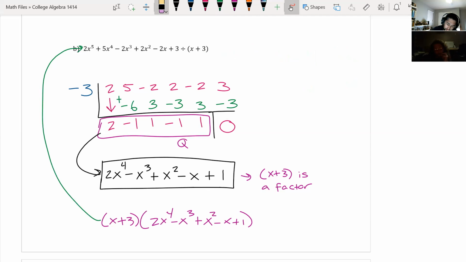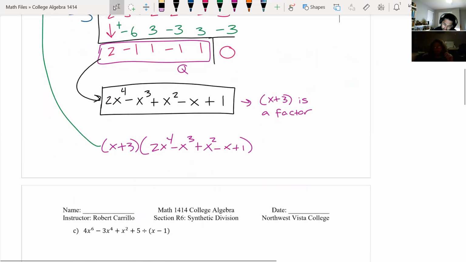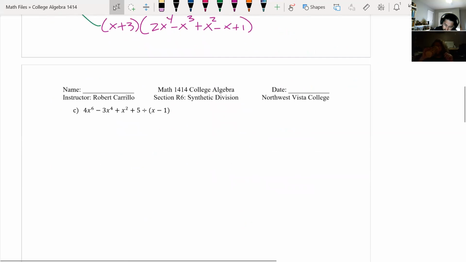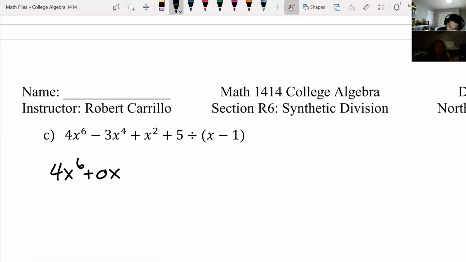All right, let's keep moving. C, 4x to the 6 minus 3x to the 4th plus x squared plus 5. What powers of x are we missing? We're missing x to the 5, x cubed, and x to the 1.